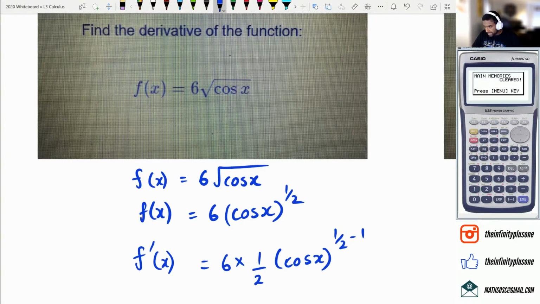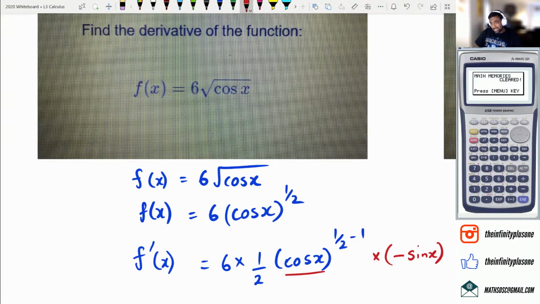One of the things that people tend to forget is they always forget to multiply by the differentiation of cos x. You've got to multiply by the differentiation of whatever's inside the bracket in chain rule. So in this case, when we differentiate cos x, we get negative sine x.